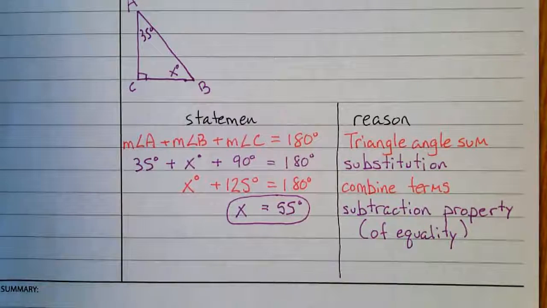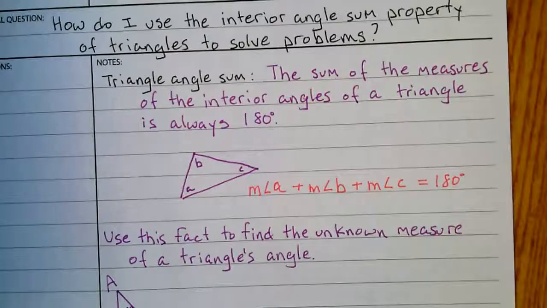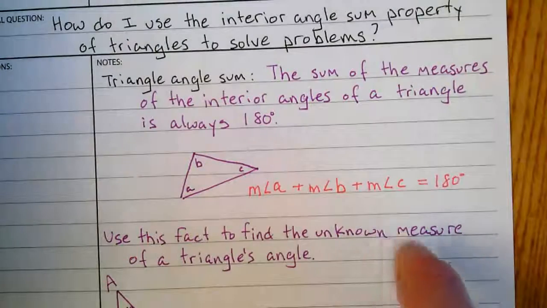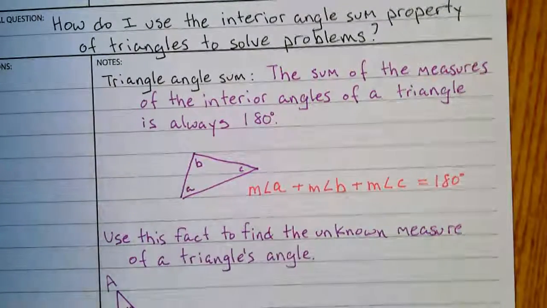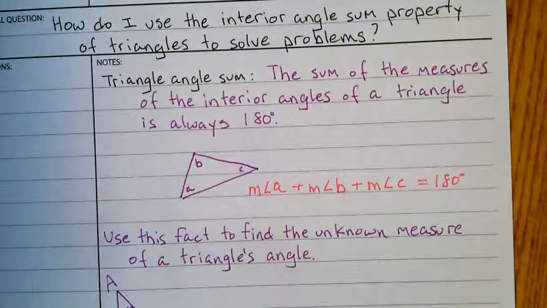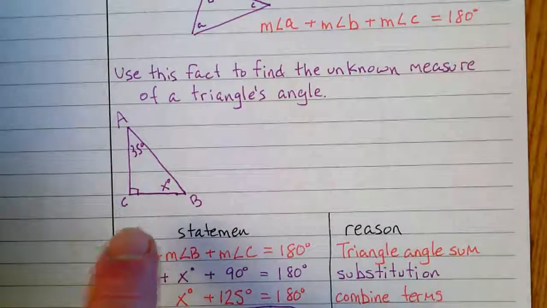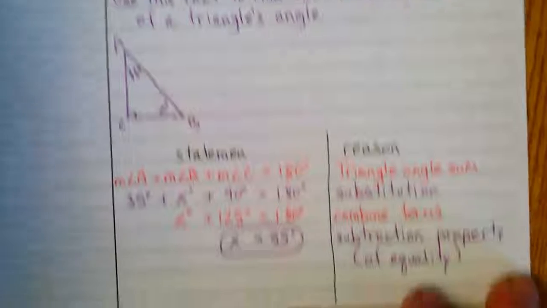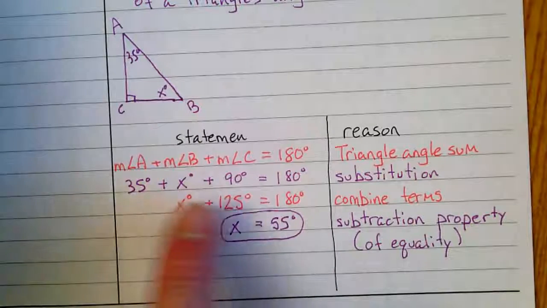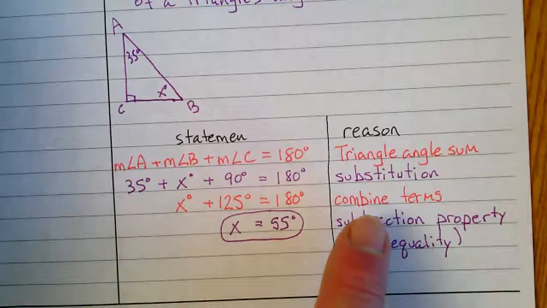All right, so just to recap, how do I use the interior angle sum property of triangles to solve problems? First of all, this interior angle sum property just basically says that the measures of the three angles in a triangle always add up to 180. If I have two angles and we know those, then all we really have to do is add them together, which is what I did under combined terms, right?